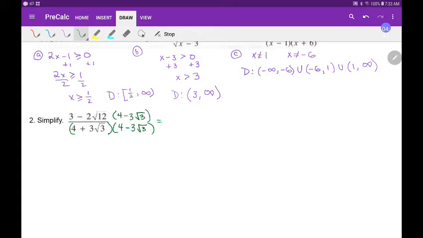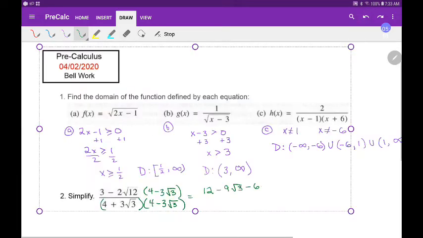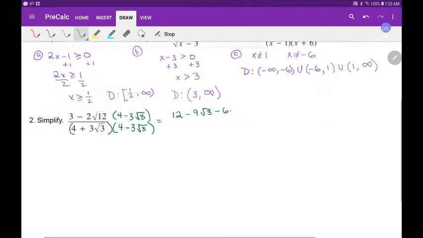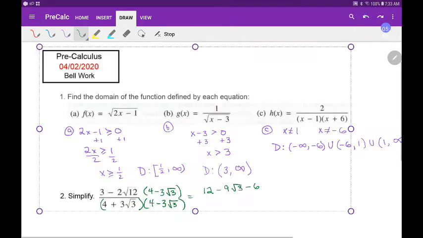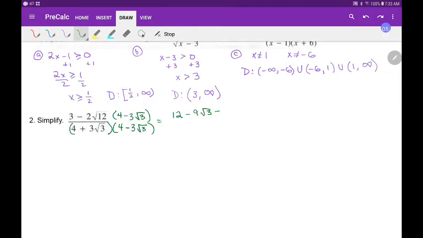So let's see, on the top we FOIL it, and we get 12, and we get -9 square root of 3, and we get -6, who said 6? What am I doing here? Oh no. Go back. Negative 8 square root of 3. Is that right? Yep.